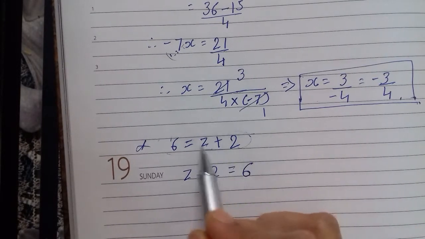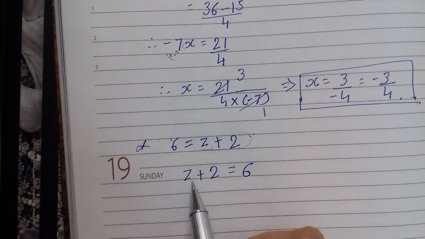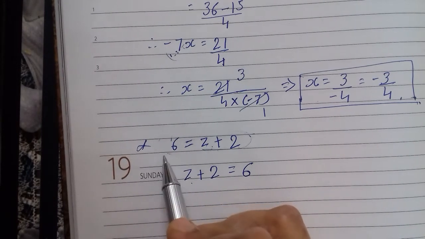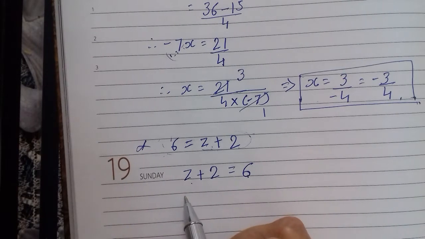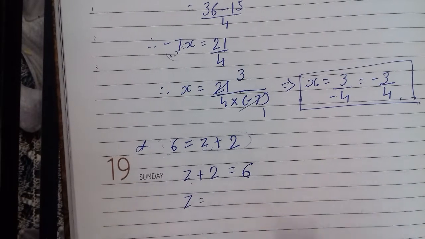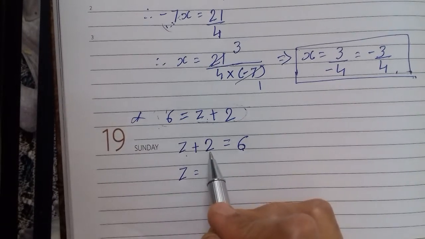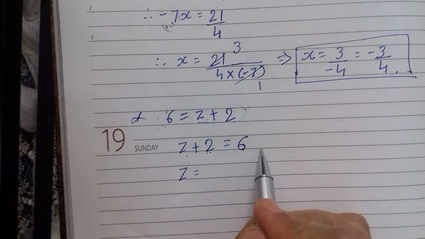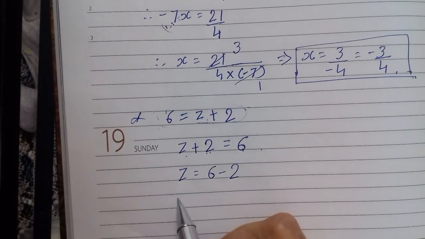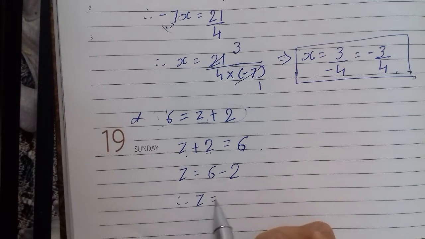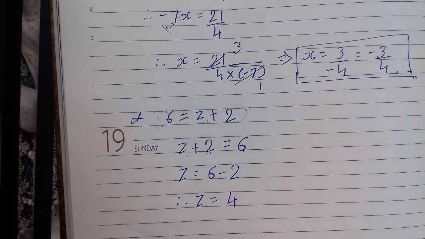Now your RHS becomes your LHS, and your LHS becomes your RHS. So then z is equal to, transposing 2 to the right hand side, 6 minus 2. Therefore z is equal to 4.